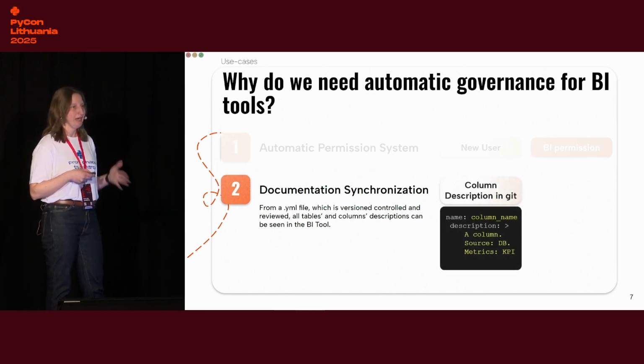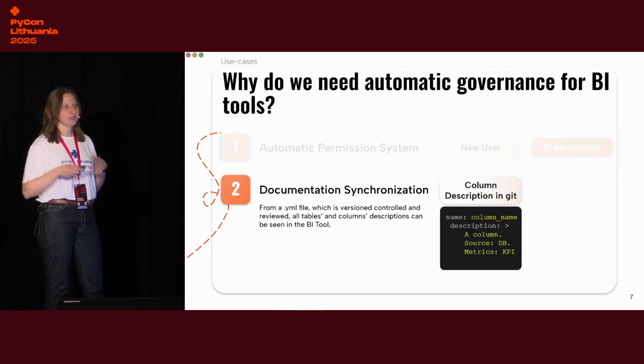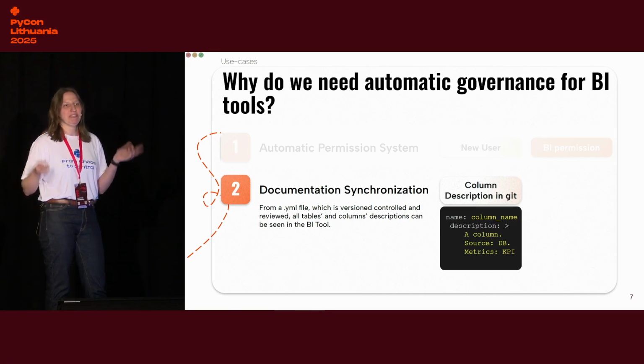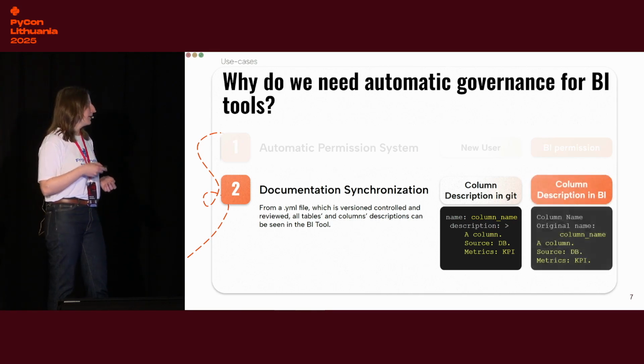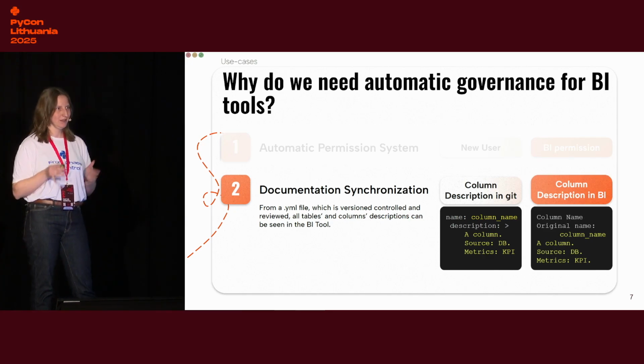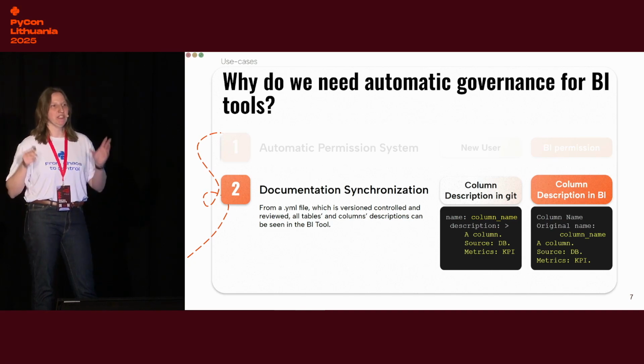So whenever somebody wants to see a column and the description of this column, the source is the database, and the metrics use, for example, one specific KPI, I just sync the descriptions that I already have in my database, in my repository, to the BI tool, so the user sees a nice description of each column and each table.